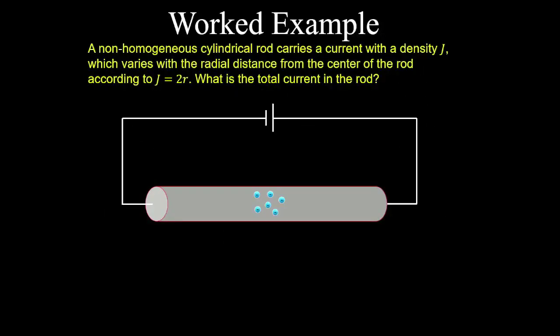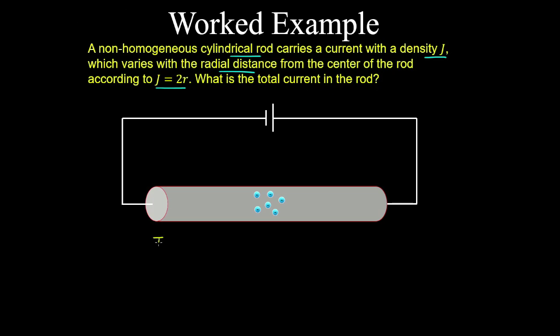A homogeneous cylindrical rod carries a current with a current density J, and that varies with the radial distance from the center of the rod. According to this function, what is the total current in the rod?